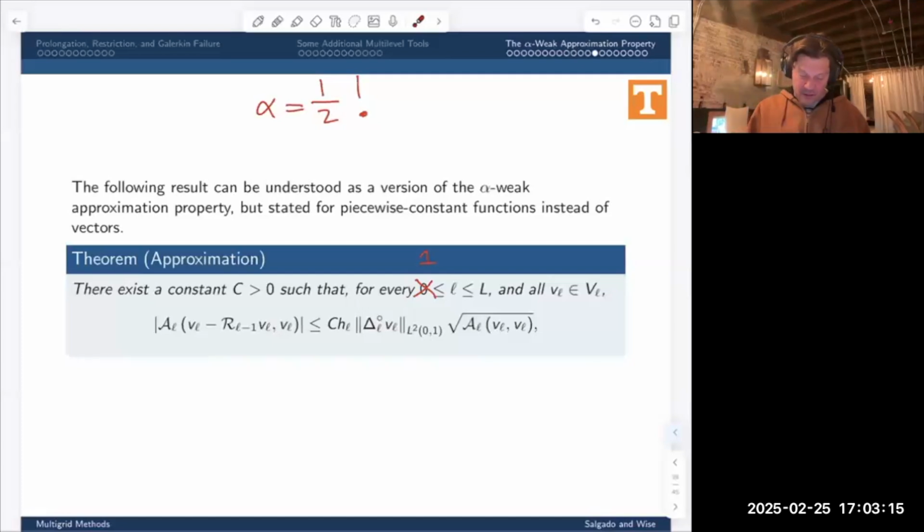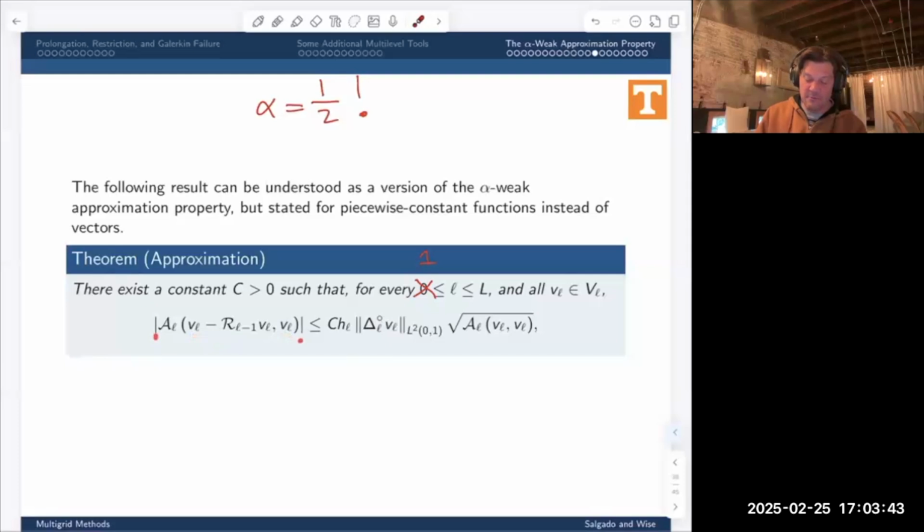Okay, AL, inner product of the two functions VL and VL minus RL minus 1 VL. So this is our cell-centered Ritz projection into the coarse grid space VL minus 1. So we're looking at the difference between VL and its projection through this Ritz projection into the space VL minus 1. And we're going to take its inner product against VL.